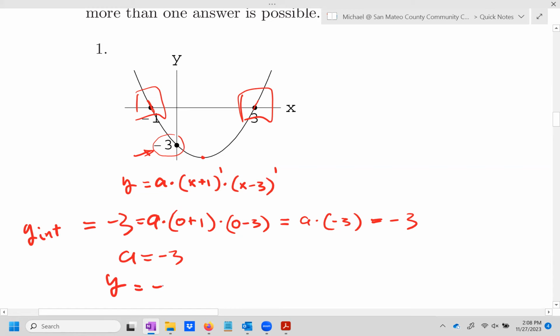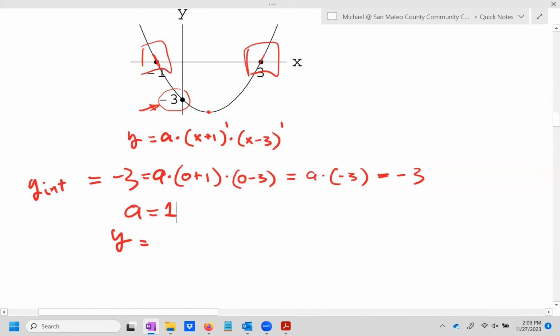No, a does not equal -3. -3 times a has to equal -3, so a equals 1. So y is equal to x plus 1 times x minus 3. So this is us bringing together our polynomial knowledge to find equations for polynomials from the graphs.